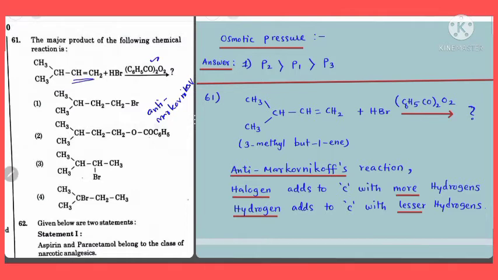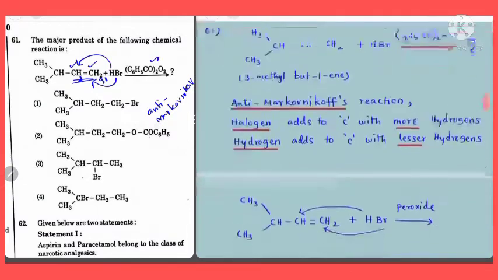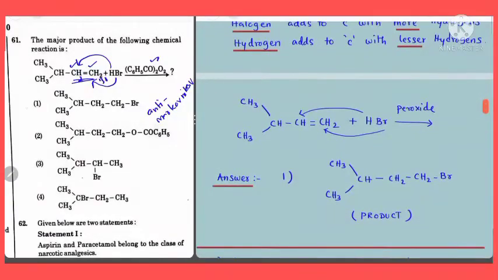Look at this C double bond C. This carbon has more hydrogens, this has fewer. So the halogen is added to the terminal carbon and hydrogen to the next carbon. It will become CH2Br. So option A, or option 1, is the correct one.